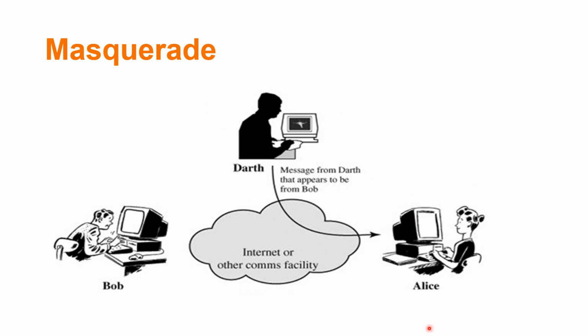Since it is said that Bob is communicating, she is just communicating with this unauthorized person. So this is said to be masquerading: forging the identity of the other person and retrieving messages or holding conversations. This falls under authorization.